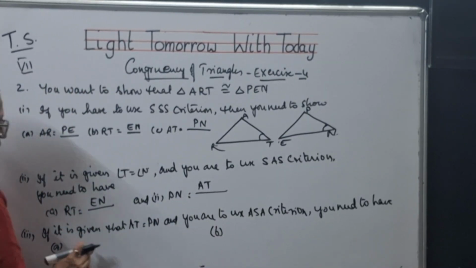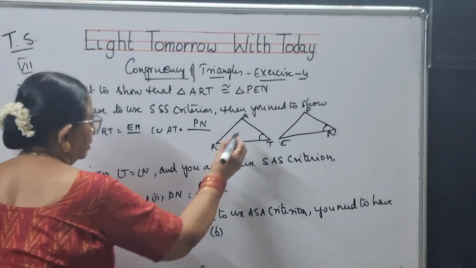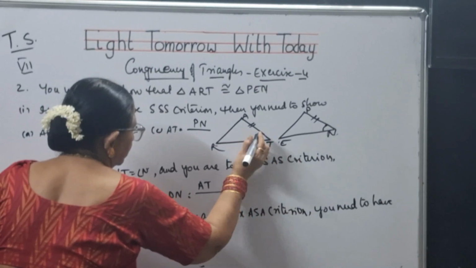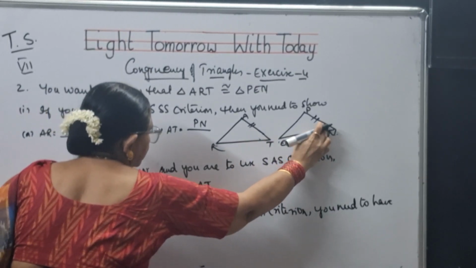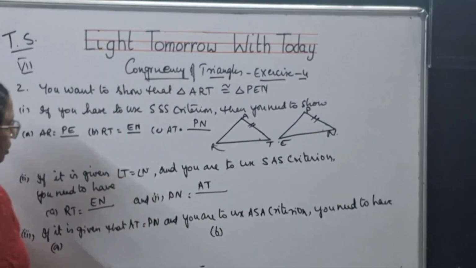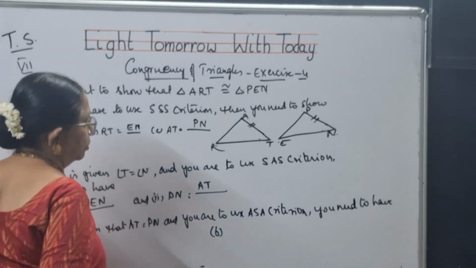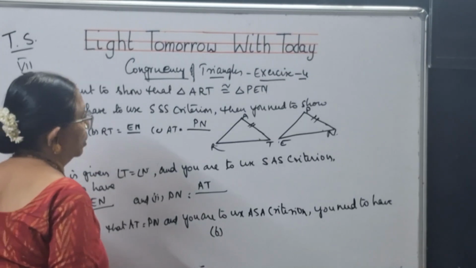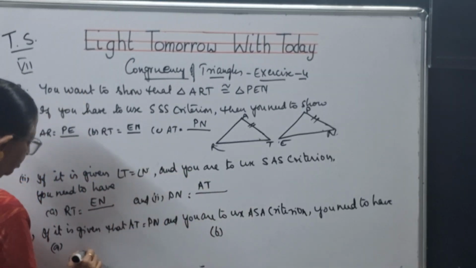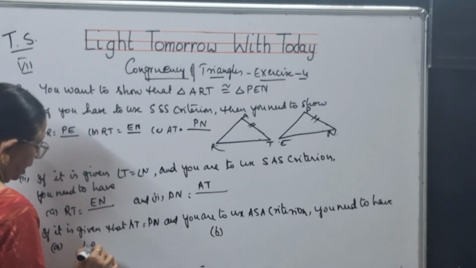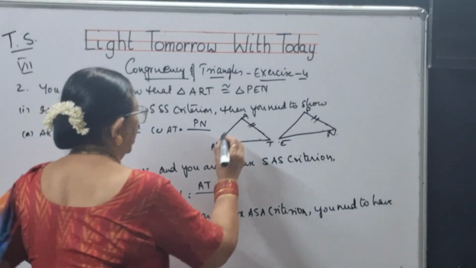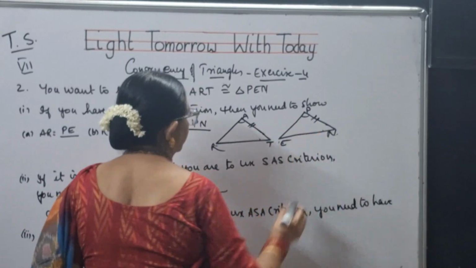And third bit, it is given that AT is equal to PN. This is third bit, children. So I should not use this. AT is equal to PN. And you have to use angle side angle property. Then you need to have angle side angle property, means first you should have angle A is equal to angle P. These two angles should be equal.